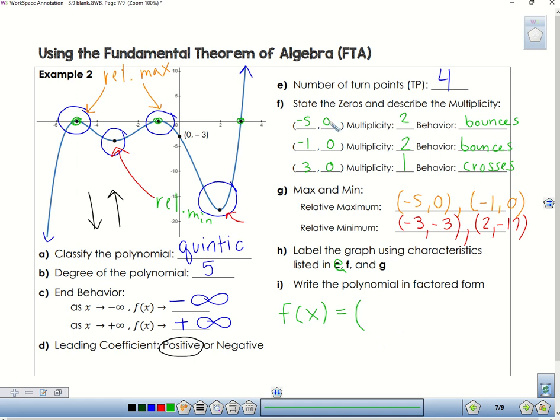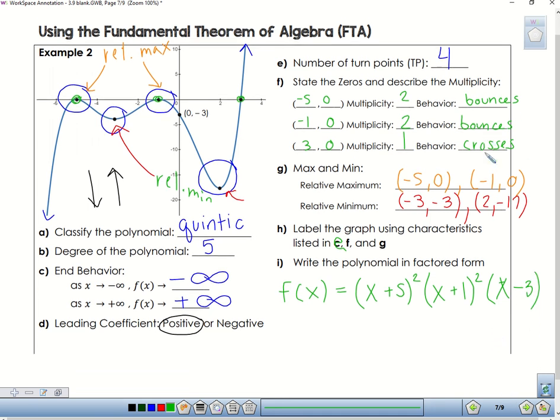And then you just look at the zeros, so it's going to be x plus 5 to the second power because of the multiplicity, times x plus 1 to the second power because of the multiplicity, and then x minus 3, and is that going to be to the second power? No, because that 0 only occurs once.